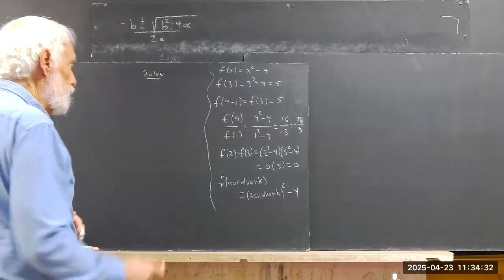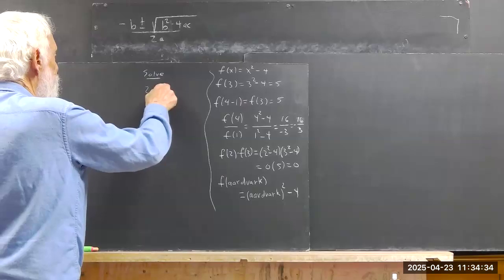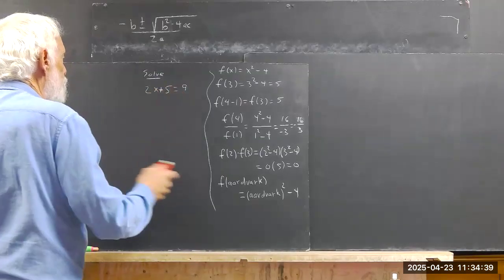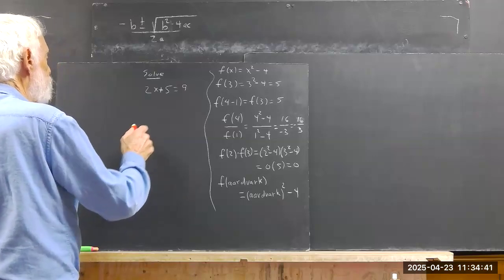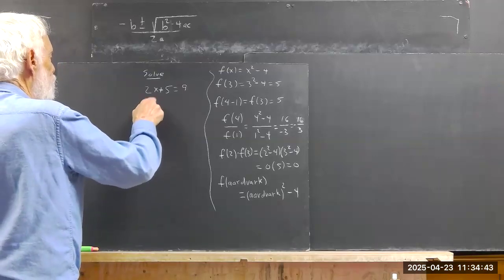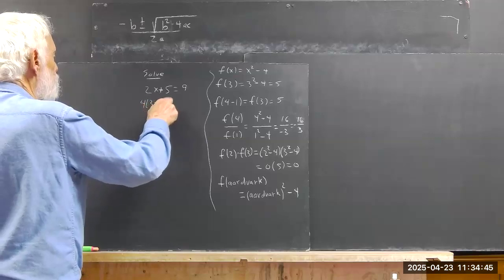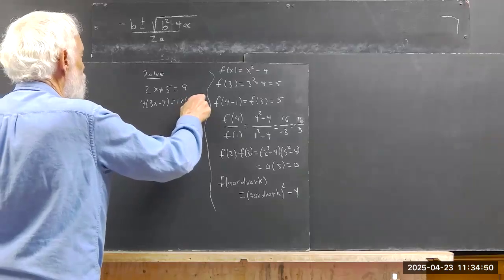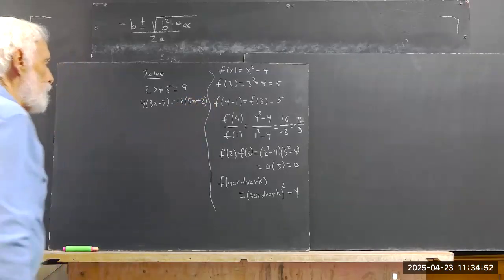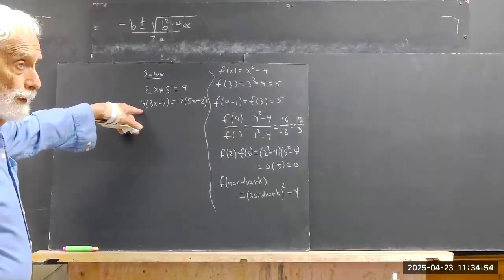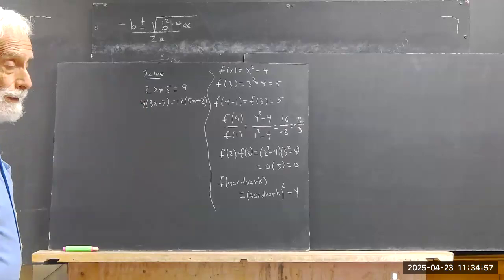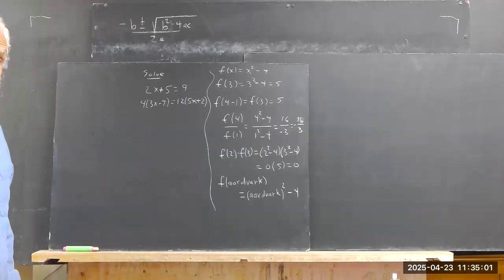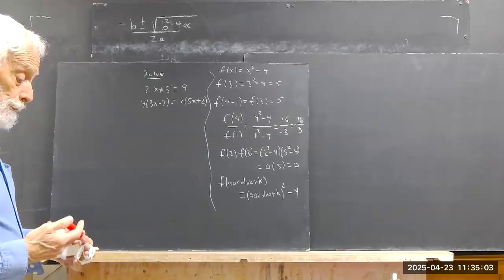I'm not going to take time to actually solve them. 2x plus 5 equals 9. 4 times 3x minus 7 equals 12 times 5x plus 2. I think everybody can solve these equations. And of course, you're going to want to review for the exam because you're certainly going to see equations like this on the exam.